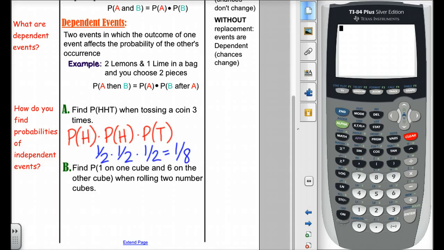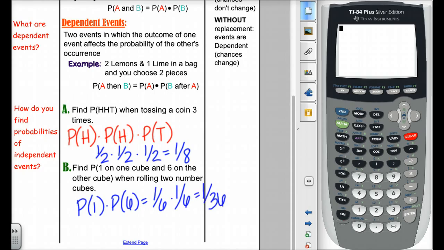Now, the probability of rolling a 1 on one cube and a 6 on the other cube, rolling 2 number cubes. That's going to be the probability of rolling a 1 times the probability of rolling a 6, which is 1 out of 6, because there are 6 possible outcomes, times 1 out of 6, which would be 1 out of 36.